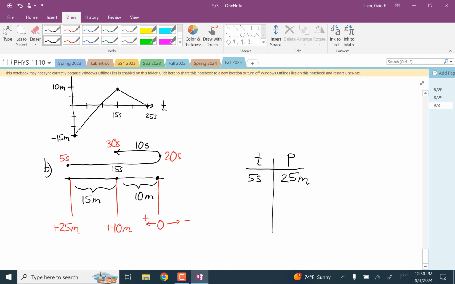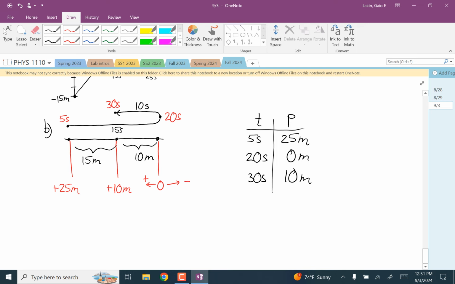The second instant is here. What does the stopwatch say? 20. And what's the corresponding position? 0, yep, perfect. And then the last one, the stopwatch says what? 30. And what's the position? Positive 10, perfect.